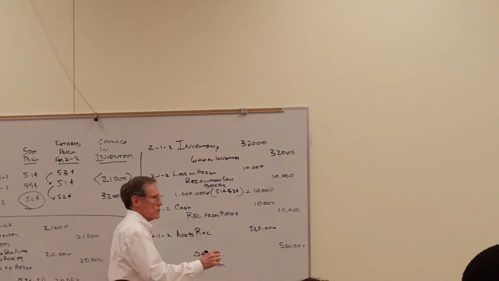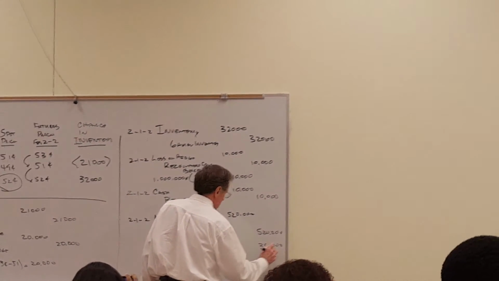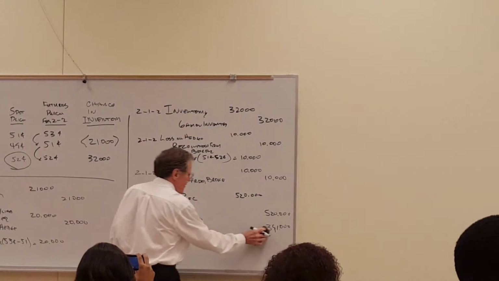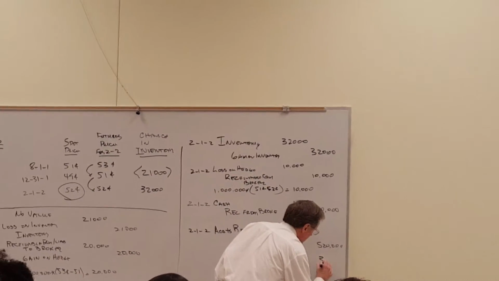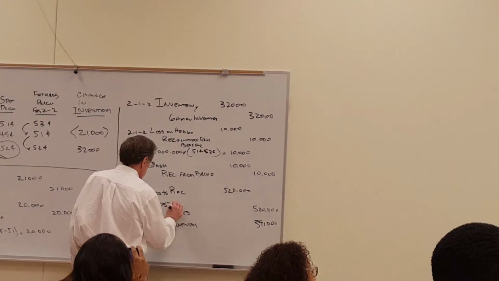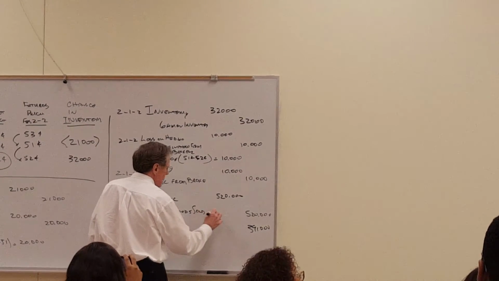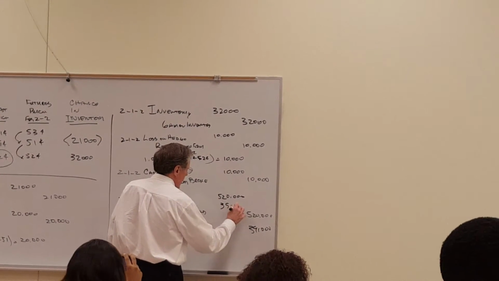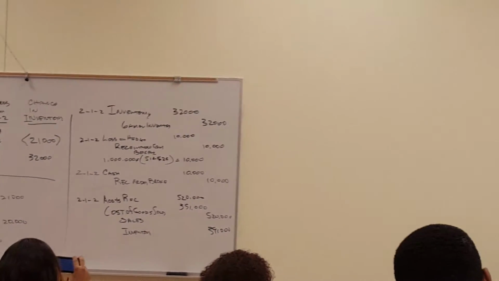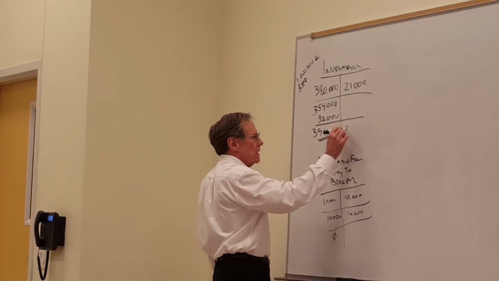Our inventory value is $391,000. Not a good line, is it? And our cost of goods sold is $391,000. So now we have zero in inventory because we credited inventory for the 391.